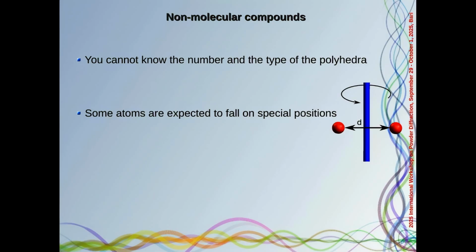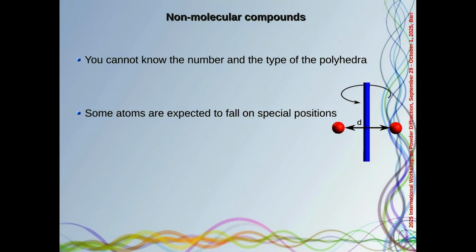And this is not simple, because the algorithm is a stochastic algorithm, so you have a random movement of the atoms, and it's really unlikely that if you move an atom randomly, this atom will fall exactly on a special position.